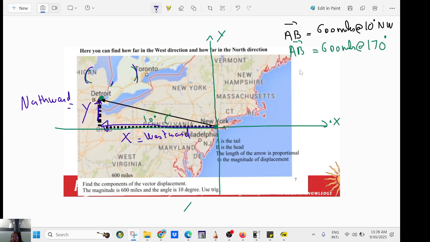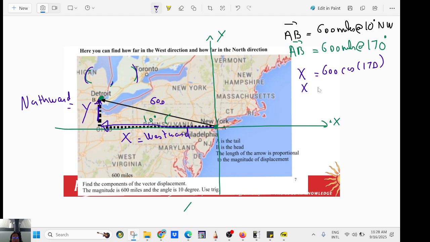So the x component will be 600 cosine 10. This is cosine 10. Do you agree? You used your right angle triangle. So you can say 600 cosine 10 and you have to put a negative, or you just say 600 cosine 170.